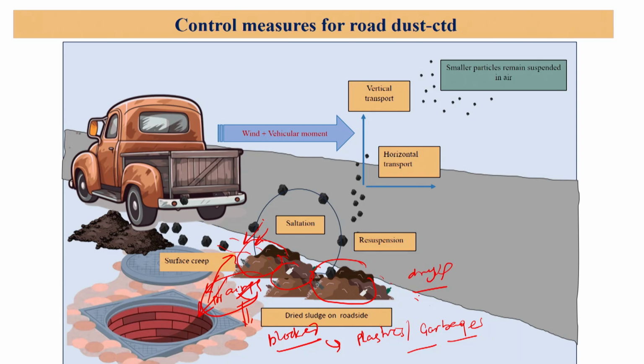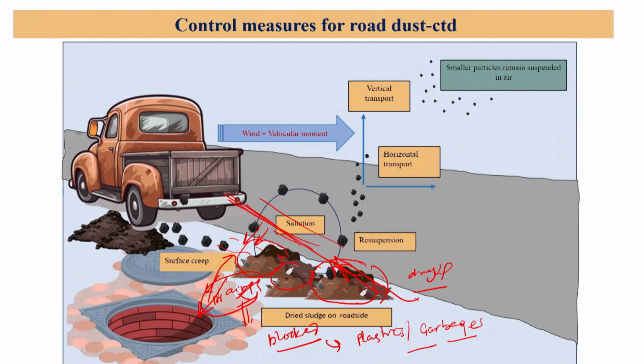Now, when you are putting this out, remember, this is very important for policy makers, especially in urban areas: when you put this on the roads, how is it going to help? It will become dry, which means it will lose its strength, the binding of the different particles will be lost, and when your vehicle is moving over it, it will drag these aerosols further up.